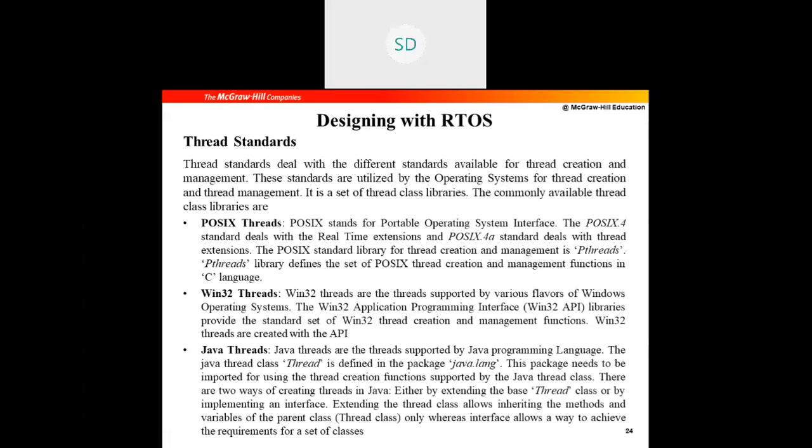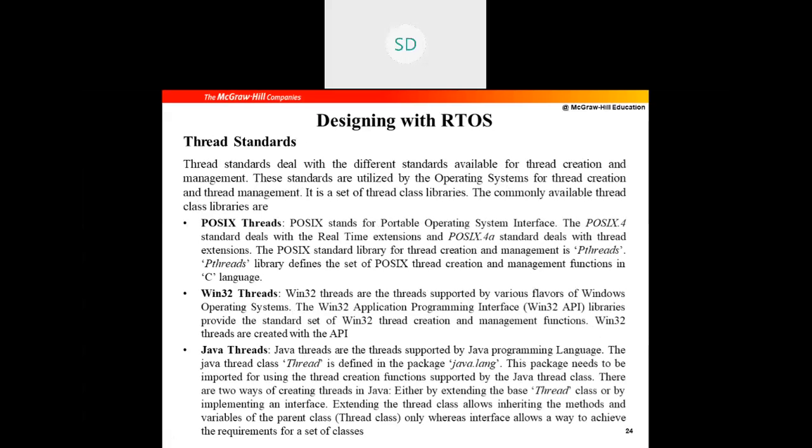So basically, this POSIX standard library for thread creation and management is what we call pthreads. The pthread library defines a set of POSIX thread creation and management functions in the C language. Using this library, we can divide the entire process into various threads.